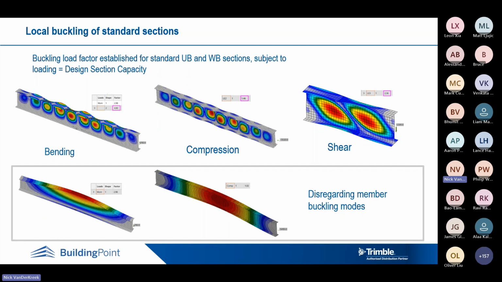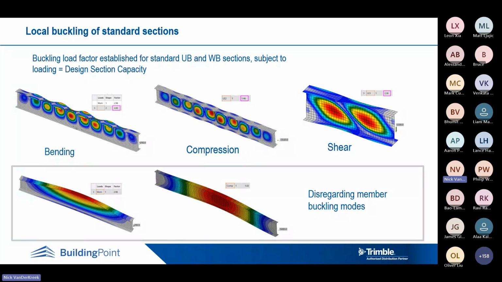All right, so we're starting to talk quite a bit about buckling load factors, and I thought it might be worthwhile to look at buckling load factors for steel members. So we're very familiar with designing universal beams and welded beams in structures. What are their local buckling modes?